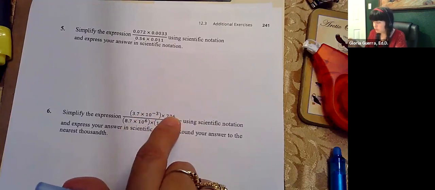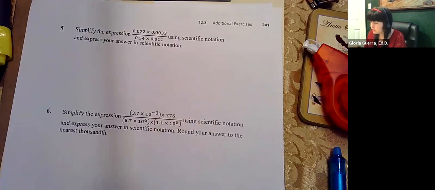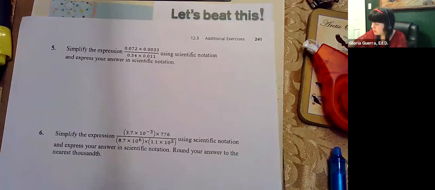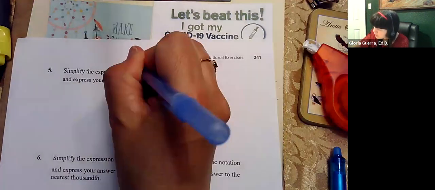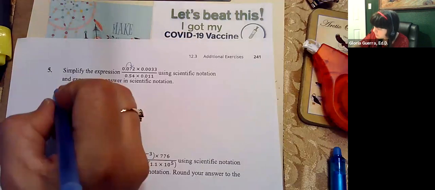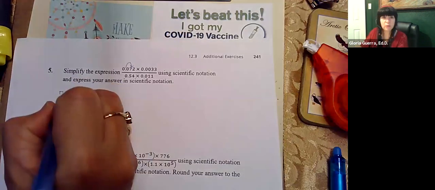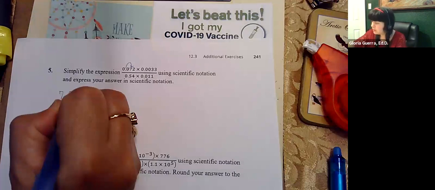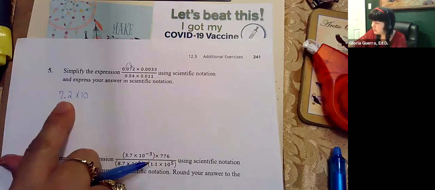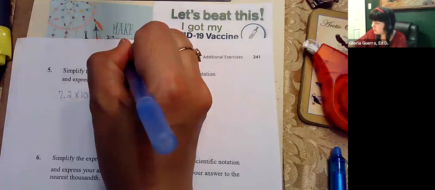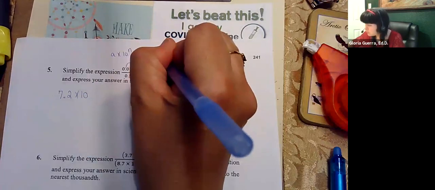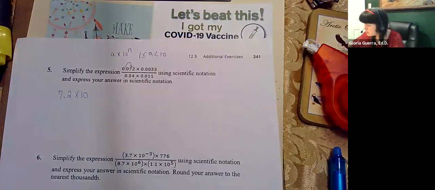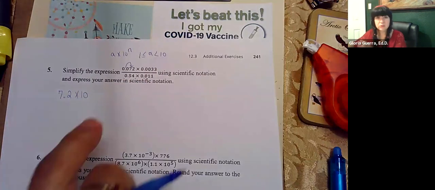So if we do that first, put these in scientific notation. For this one, we would have to move the decimal after the 7.2, because now that's a number between 1 and 10. You need a times 10 to the n, and a has to be a number between 1 and 10. So you moved it 2 times and you want small.